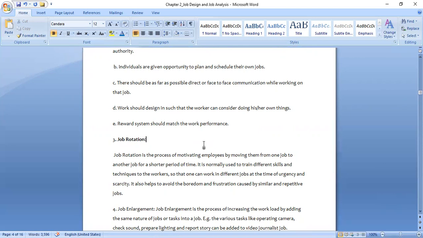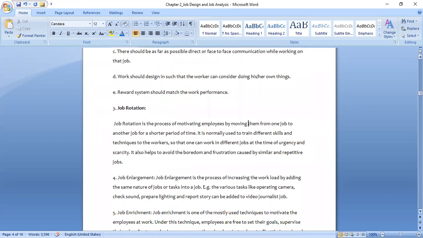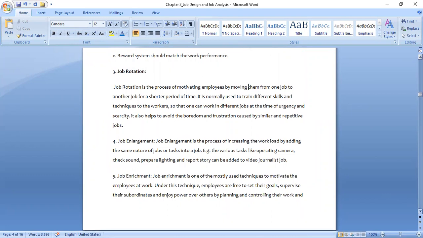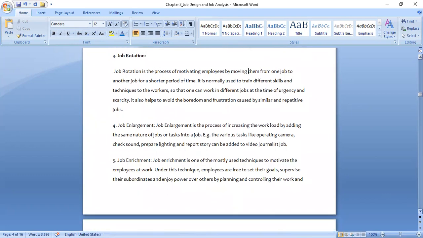So this one actually helps them to develop different skills, to be multi-skilled, such that even if one worker is not around, someone can take over. So that is job rotation. These are approaches of job design.